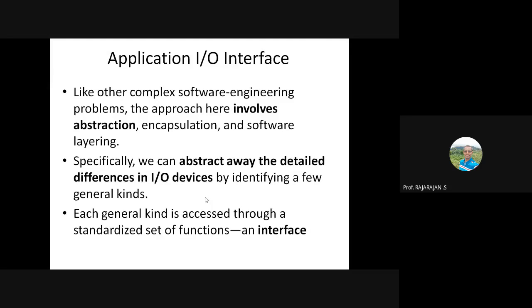So each device differs in a variety of ways, but the application should be simple to connect with an I/O device. It should not be customized for each device. So there is a need for abstraction. It is for that purpose that we have system calls. So system calls take care of the abstraction. When you want to connect to an I/O device, you just need to make a system call, and you don't need to know the details of the complexities of the I/O devices.